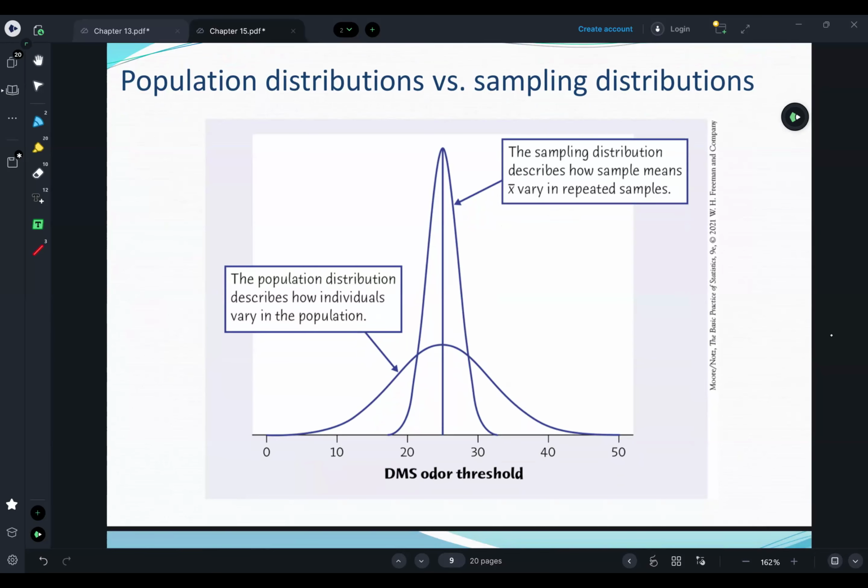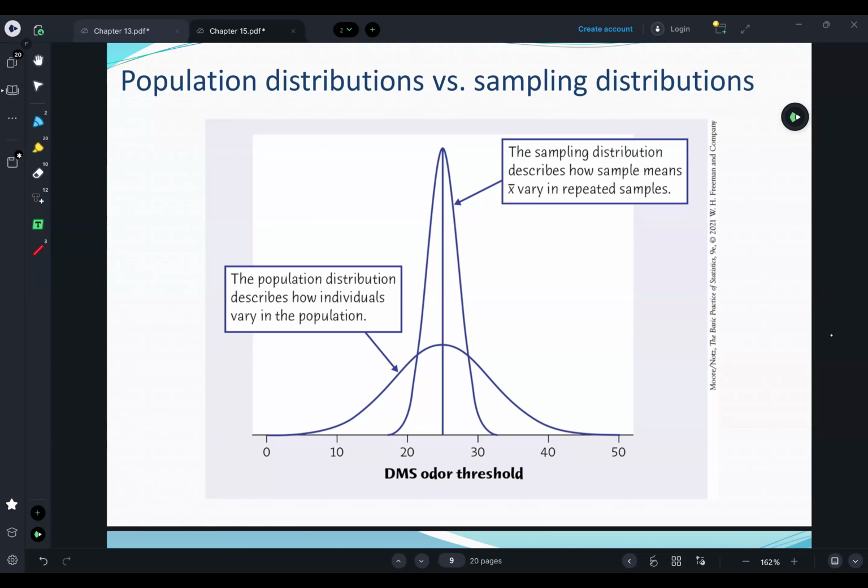And if I take all possible samples of the same size, like all those X bars, and we do like 1 million of them, then I'm going to end up with a very narrow curve. The reason for that is because the standard deviation is much smaller for the sampling distribution than it is for the population distribution. That's how it mathematically works out. The standard deviation of averages is much smaller than of individuals, because individuals will have more variability than averages.